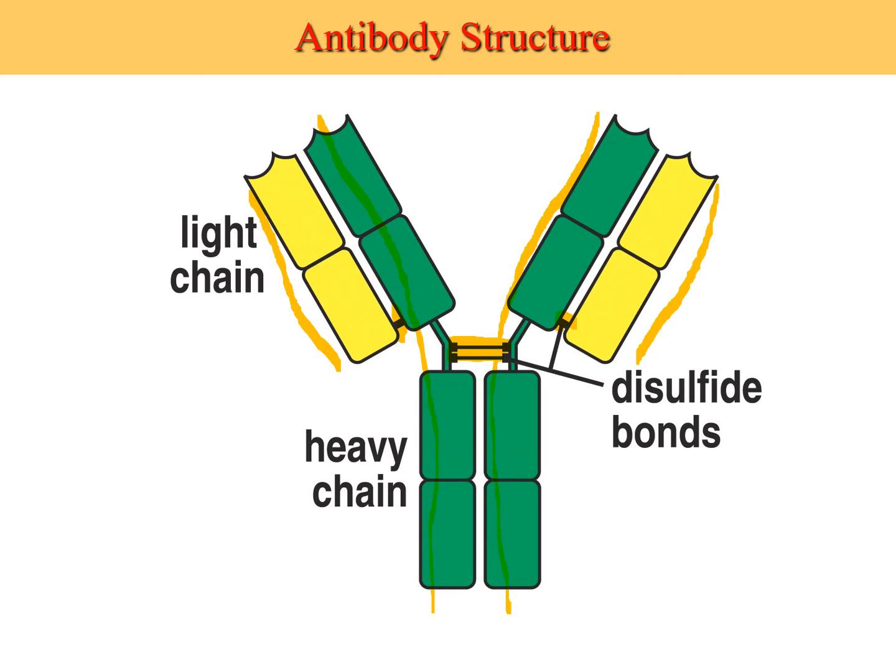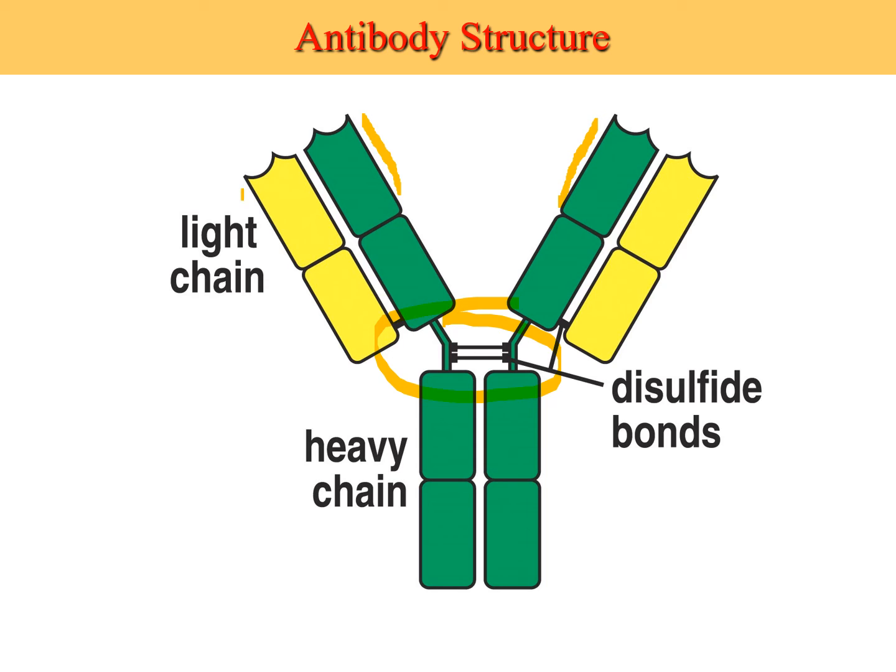And this, of course, is the hinge region that allows the two arms to swing, right? You see the variable heavy, variable heavy, variable light regions. There's the antigen binding site, very specific, identical to each other on one molecule, but different on the next B cell.